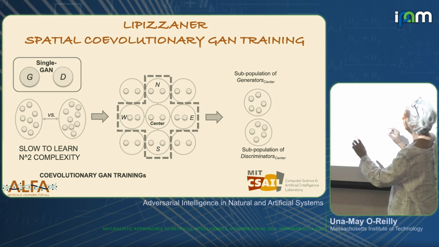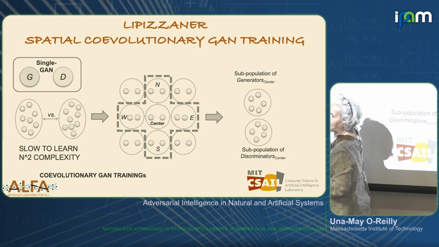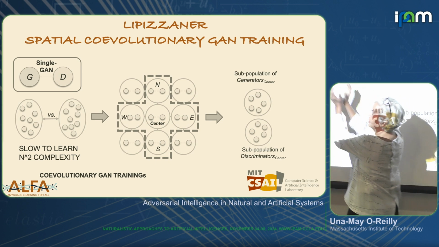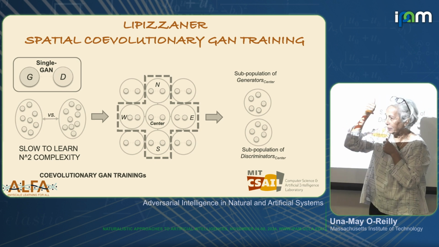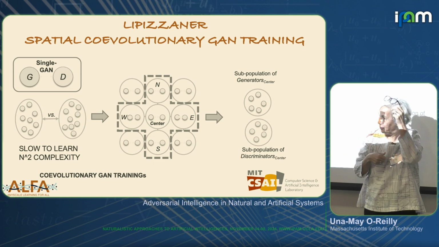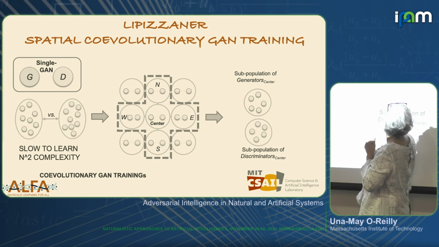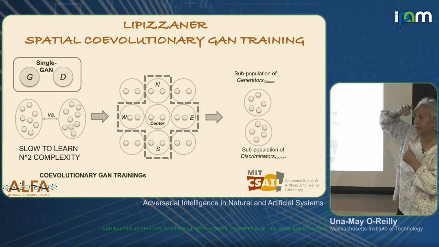Any one cell considers itself the center of the universe, and it has a neighborhood: north, south, east, and west. It can collect the generator and discriminator at those cells, and run a 5-way evolutionary algorithm to select the best.